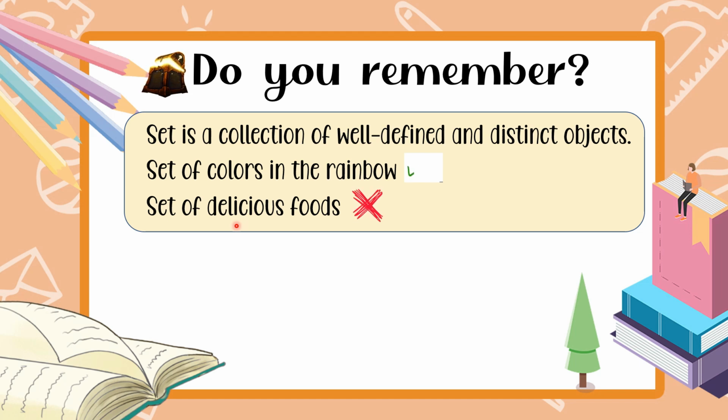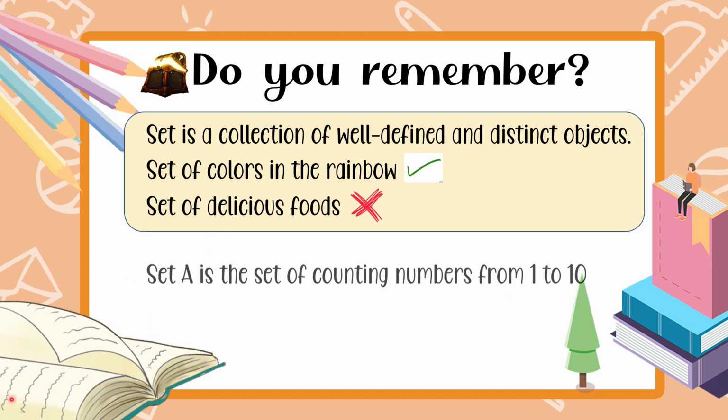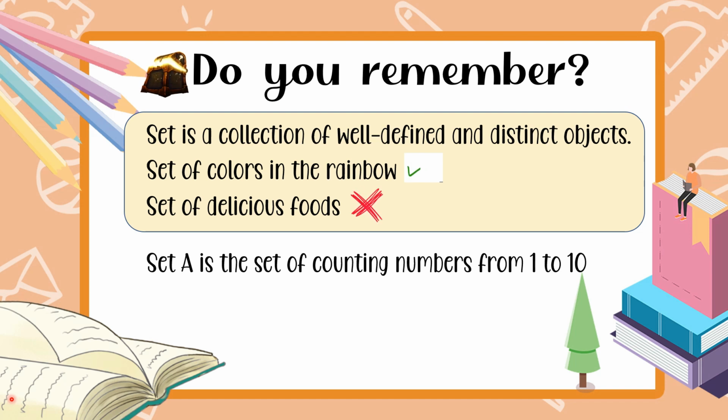Speaking of elements, paano nga ba natin nililista ang mga elements na isang set? Okay, let's have this. Set A is the set of counting numbers from 1 to 10. The first step in listing the set or the elements, kailangan ilagay mo muna yung name ng set. Okay, so the name of our set is set A. So, ayan siya. And then, identify the elements.